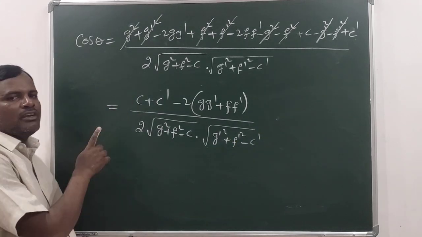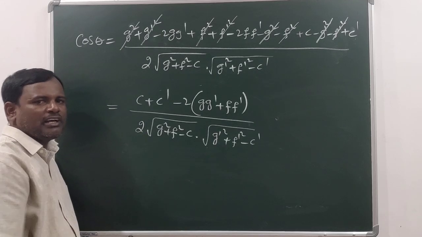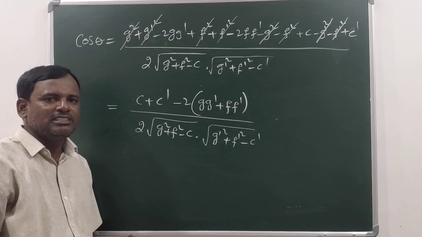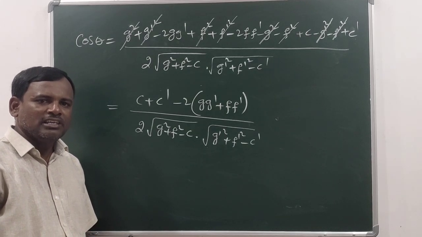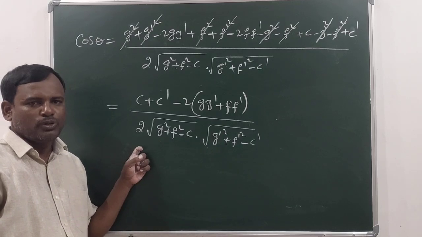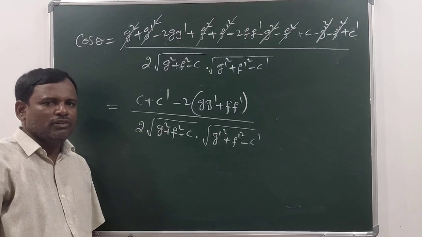So directly you can utilize this formula to find the angle between the two circles. Collect G, F, C and G dash, F dash, C dash from the two given circles and substitute in this formula and simplify, so that you will get your required angle between the two circles.